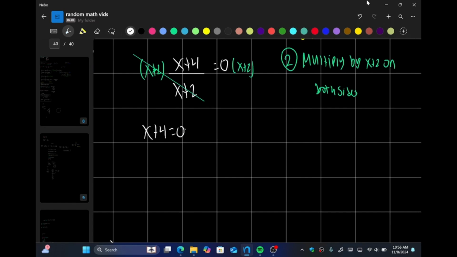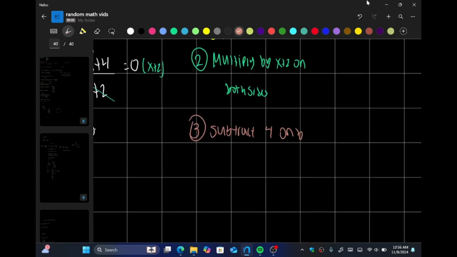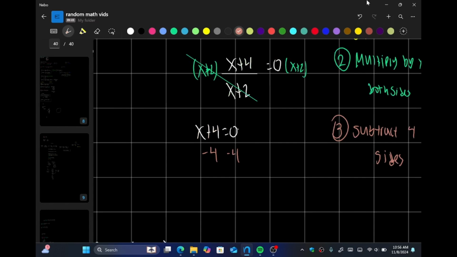Number 3, solve for x. We subtract 4 on both sides, and we get x equals negative 4.